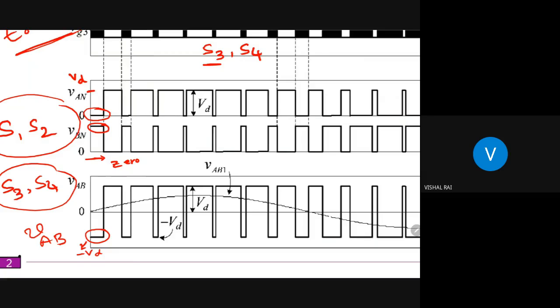Similarly in this case, this is plus VD, whereas here its voltage is 0, so you will get plus VD. So the waveform changes from plus VD to minus VD. In other words, it changes from the full DC source voltage to minus VD, and there is no zero level. The output voltage directly jumps from plus VD to minus VD, and similarly minus VD to plus VD. Clear?